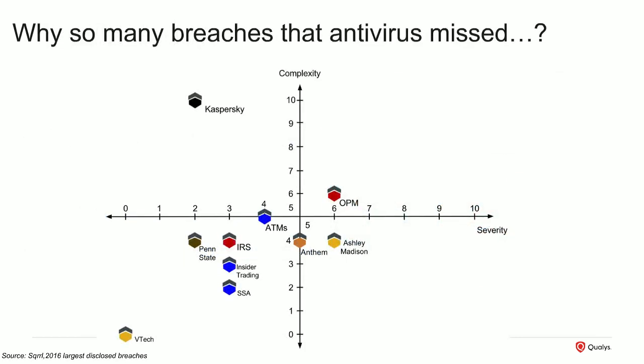So if we look at some of the latest breaches, and if we put them on a map with one of the axes being complexity and the other one being severity, we obviously recognize that there are some breaches, like for example the Kaspersky hack, where we have nation-state actors who are using zero-day exploits, who are using highly sophisticated malware, and in all honesty, most organizations don't stand too many chances against these kind of attacks.